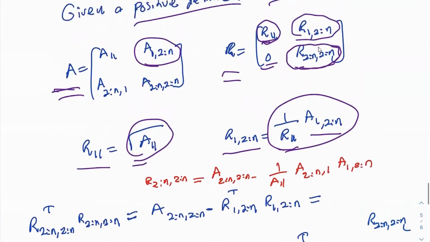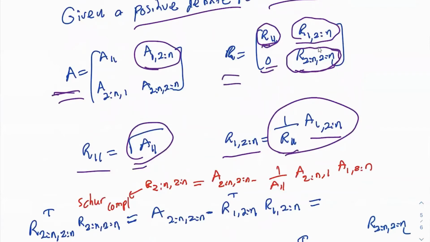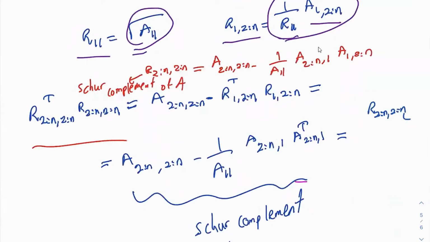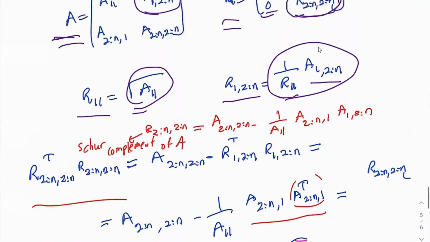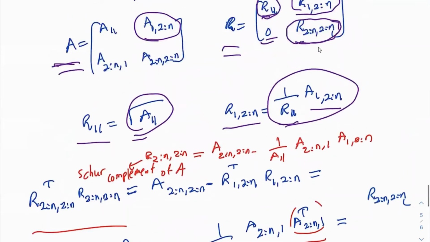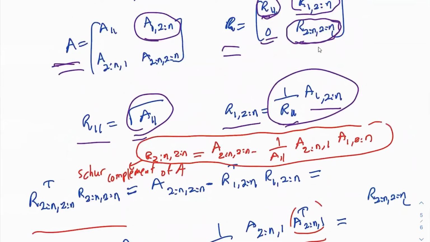This is exactly the Schur complement of A. And that's what this expression here says. You see, this is using the notation that I introduced before, but you can also write it like this. Very good.